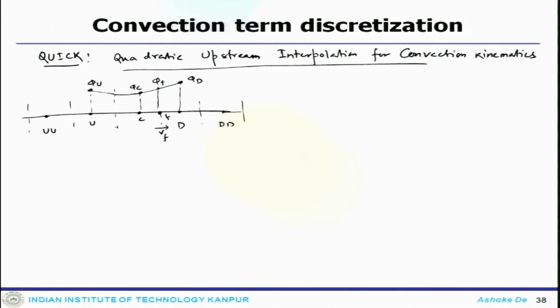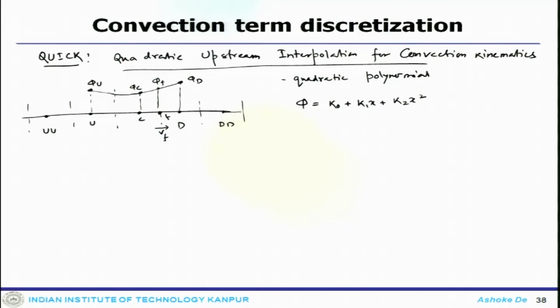So, as the name suggests, the polynomial would be a quadratic polynomial. That is where the interpolation is going to be obtained, and what profile one can obtain from this, you can assume phi of x would be some sort of k naught plus k 1 x plus k 2 x square.